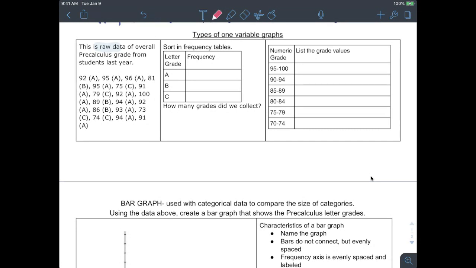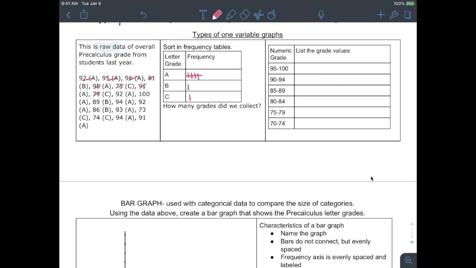So I have 1 A, I just put a tick mark, 2, 3, and then it looks like I have a B, another A, a C, A, that's 5.